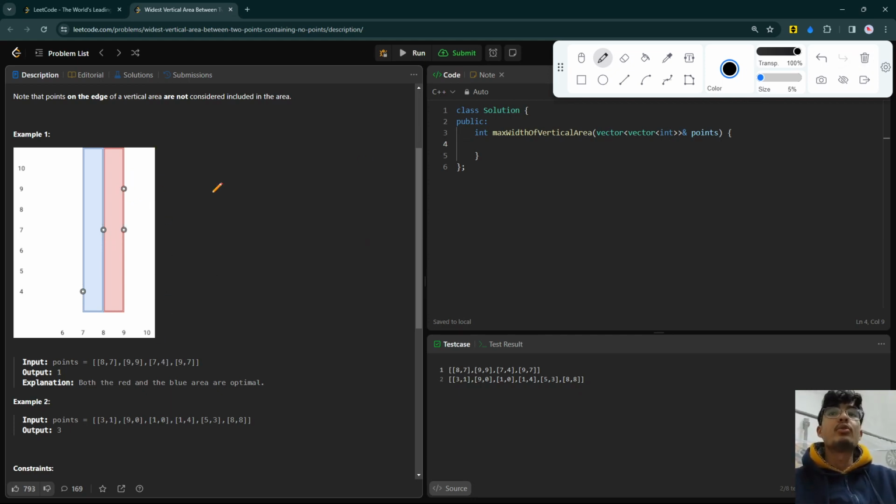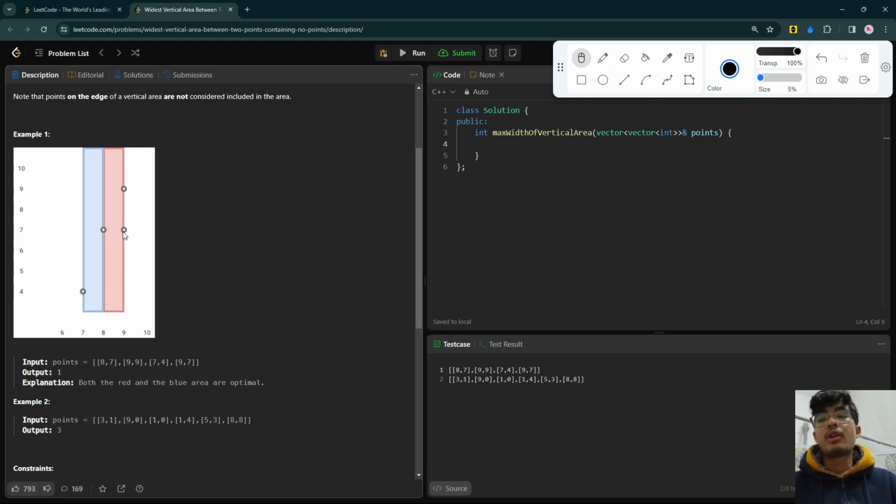So how can we do this? Let's first sort, and we will be sorting according to the x coordinate. The x coordinate should be sorted in increasing order.